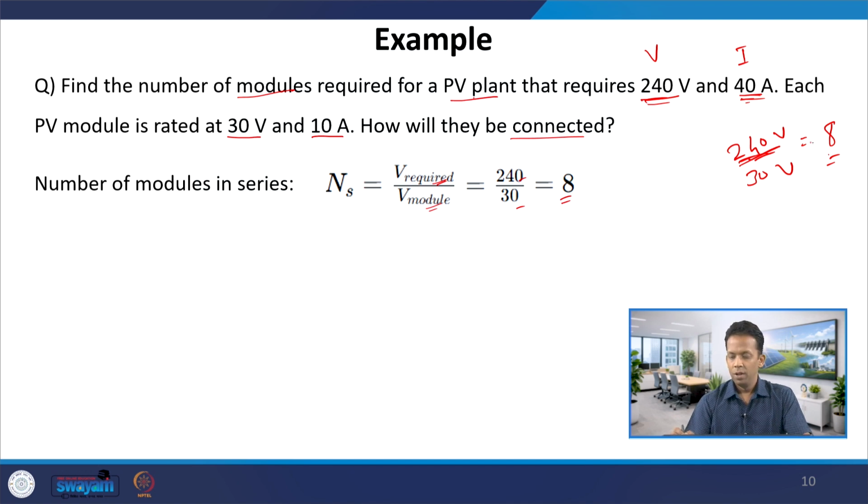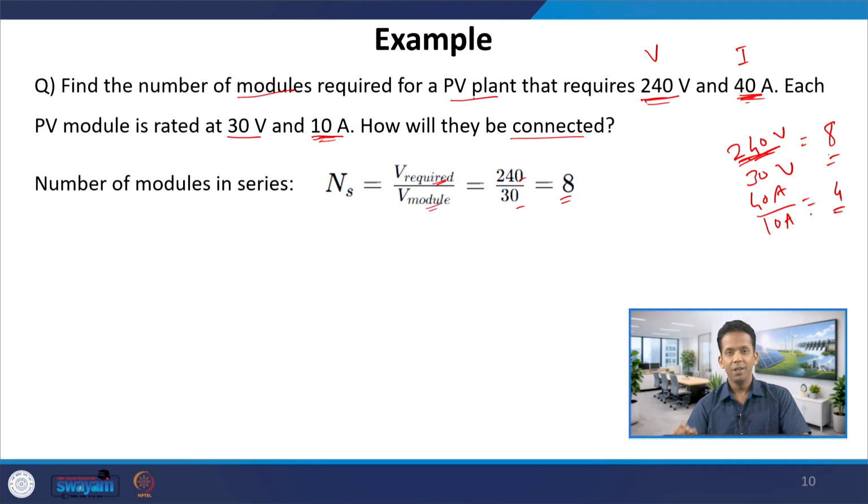Now, the requirement of current is not satisfied because the current of these 8 modules is only 10 ampere. So, to satisfy the 40 ampere current demand with a 10 ampere module, how many PV modules will be required? At least 4.